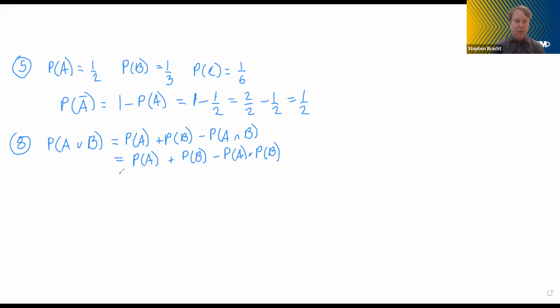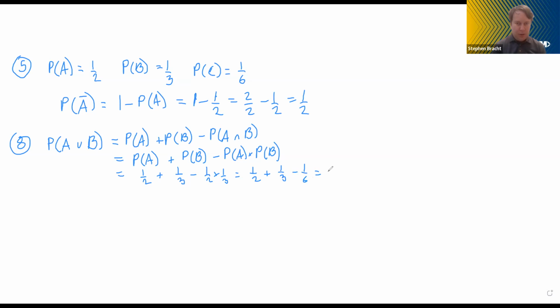Okay. So this ends up equaling P of A is 1/2, P of B is 1/3, and P of A times P of B is, let's see, 1/2 times 1/3. Okay, so then we simplify this down. This equals 1/2 plus 1/3 minus 1/6.